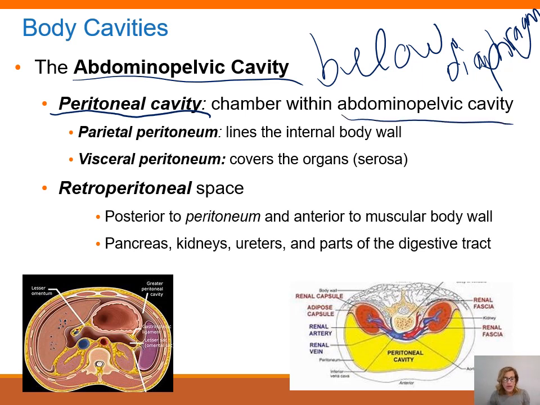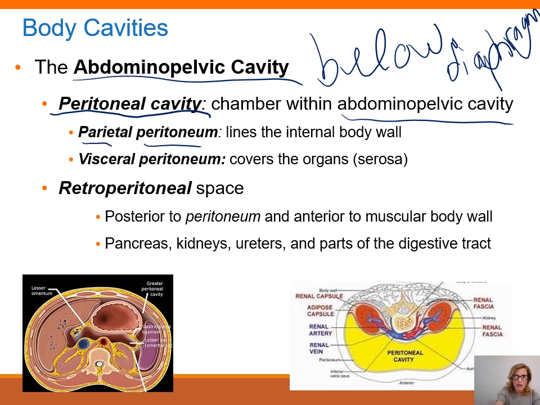Now the peritoneal cavity goes through most of the abdomen, and then it dips down and goes through part of the pelvic cavity. But it doesn't include every organ that's present in the abdomen or the pelvic cavity. The peritoneal cavity is associated with the serous membrane, again called the peritoneum, and that has two layers.